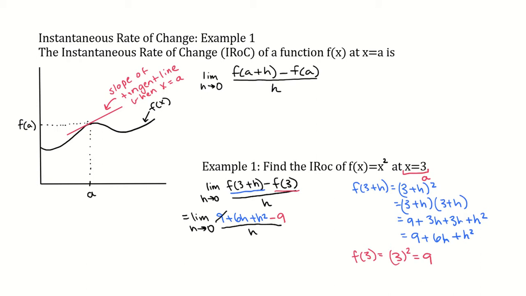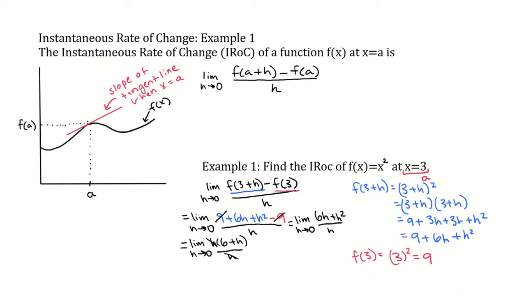If you see, we have 9 and minus 9, which cancels to give us the limit h goes to 0 of 6h plus h squared over h. In the numerator, we can factor out an h. Limit h goes to 0 of h times 6 plus h over h.